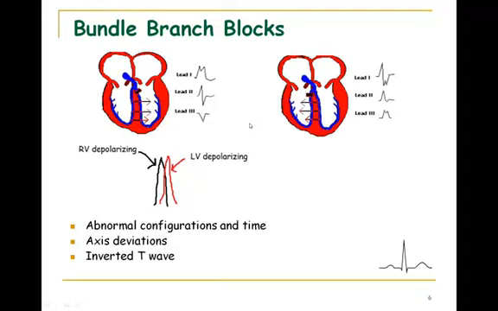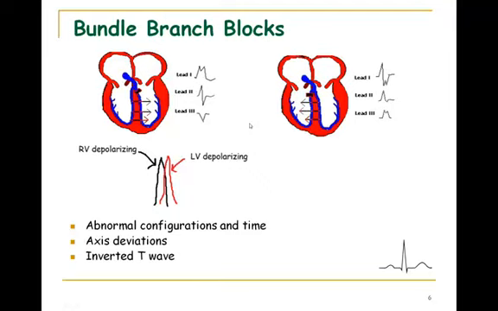On average it's telling you the left side is going to take longer to depolarize. The vector is shifted to the left. You will have a left axis deviation with a left bundle branch block. So you would have a mean electrical axis less than 0 degrees.